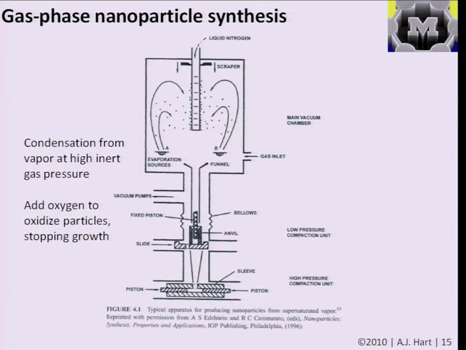And this is showing, for example, a case where you then move this cold piece, often called the cold finger, up and down, and you actually scrape the particles off, and then there's a way to collect them down there.